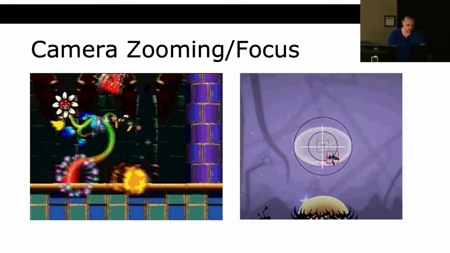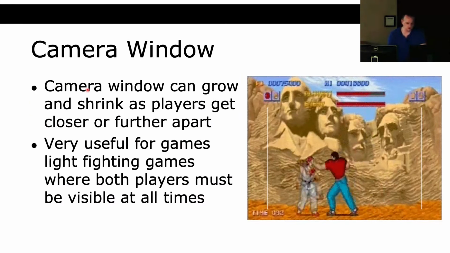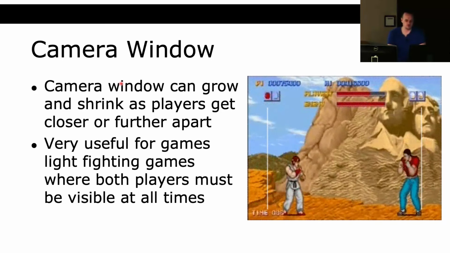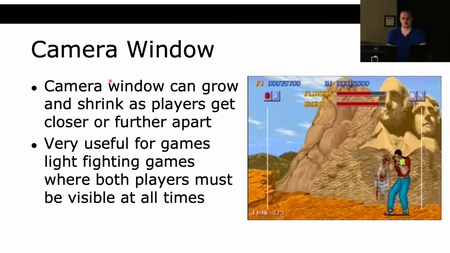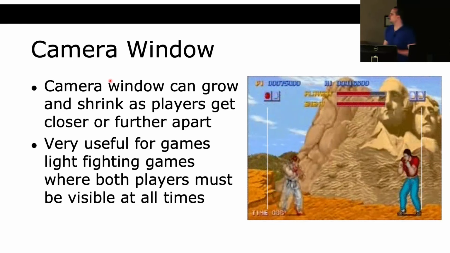Over here, that can be described as a camera window, and this camera window can shrink and grow as the players start to get further apart. A lot of fighting games do this, like Street Fighter, Tekken, 3D fighting games especially.